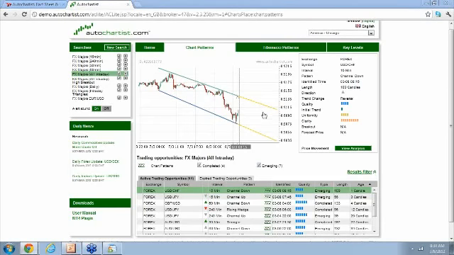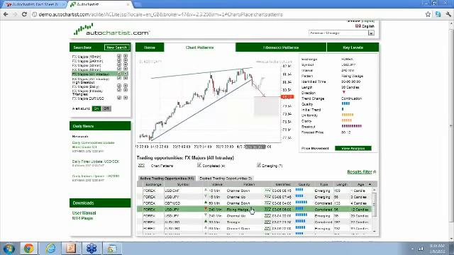So here's an emerging pattern that is saying that there's a bias to the upside developing. Now, when you look at a completed pattern, you're going to see that there's a target zone set up, and this shows an arrow where it can go.